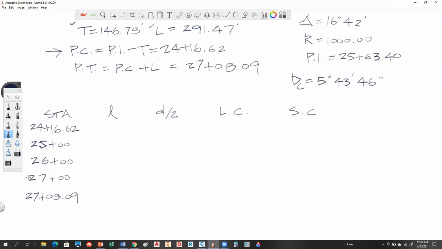We're sitting on this station, so there is no distance, no arc, no chord, no short chord. L is defined as the distance from where you're sitting to where you're going. So how do we solve that? If I'm sitting at 24 plus 16.62 and I'm going to 25, how do I do that? 25 minus 24 plus 16.62.